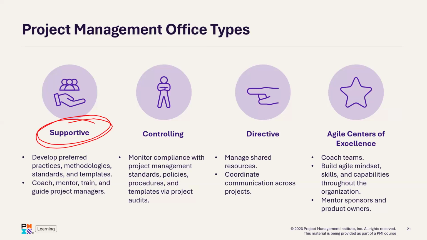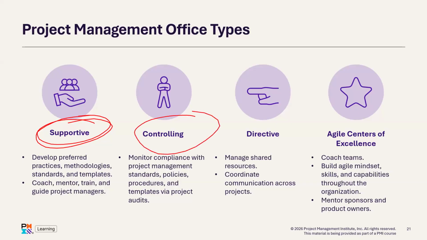What they're able to do is to support project managers with best practices, methodologies, templates, and standards. They coach, they mentor, they train, and they guide project managers. So it serves as a repository of project information for project managers. They don't have power to insist on any compliance or direct project managers on any way to approach projects.